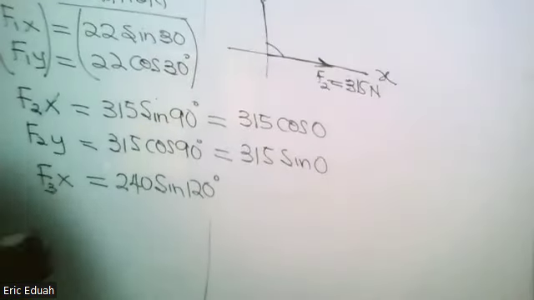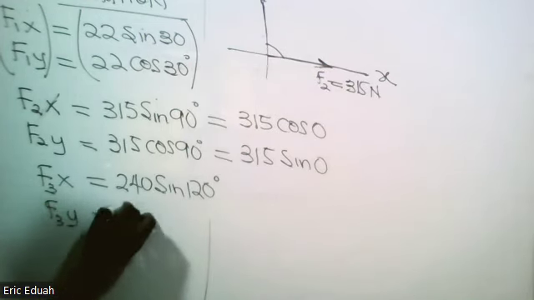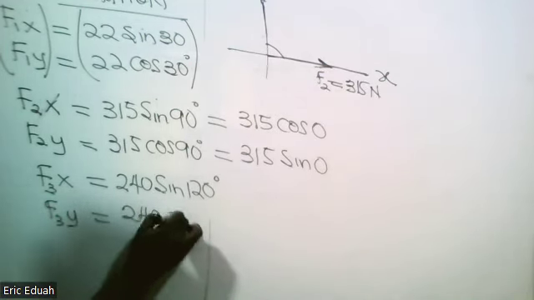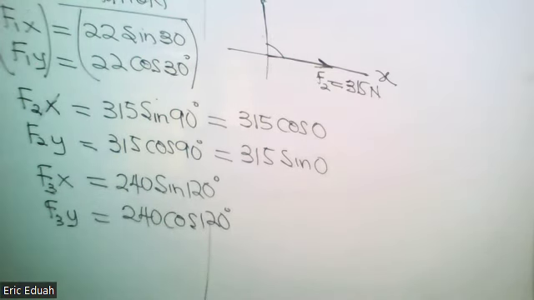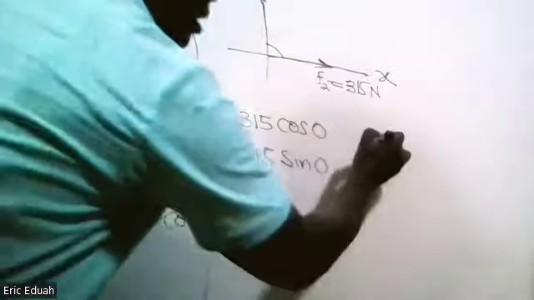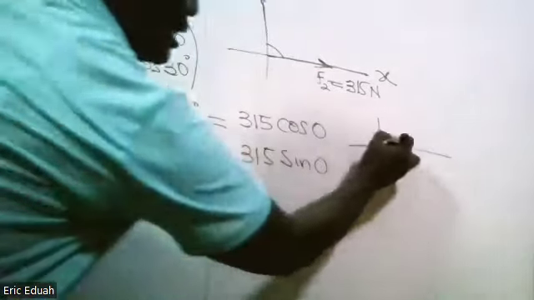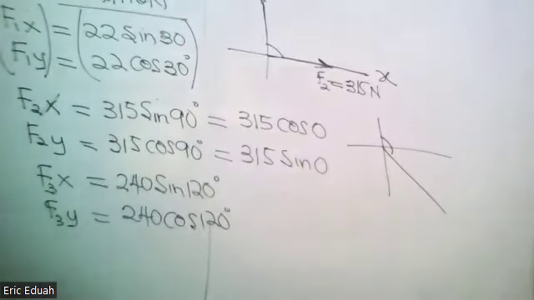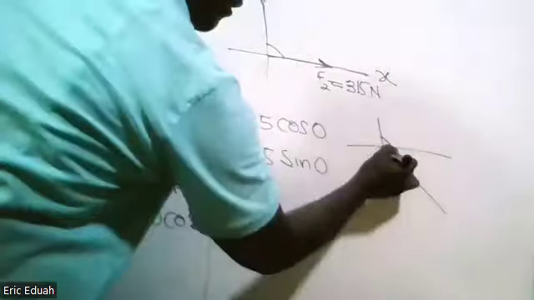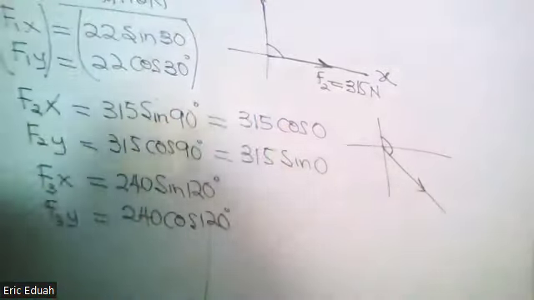Then the y, F3y, is 240 cos 120 degrees. If you want to use the other angle it makes with the x, this is 120. So 90 plus 30 would usher us into the fourth quadrant, or would give us 120.